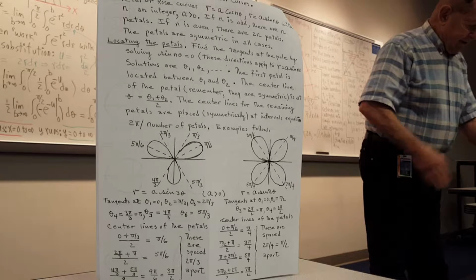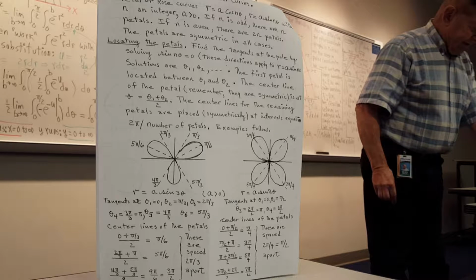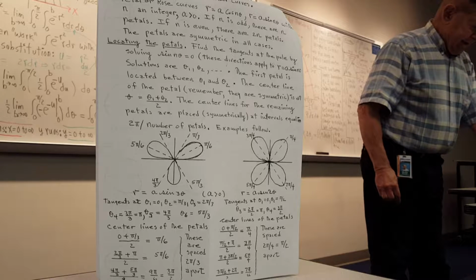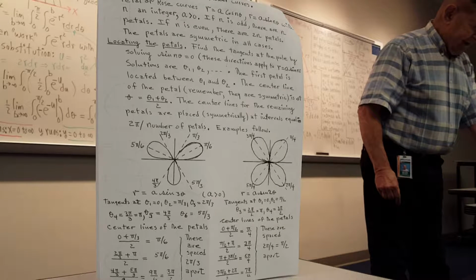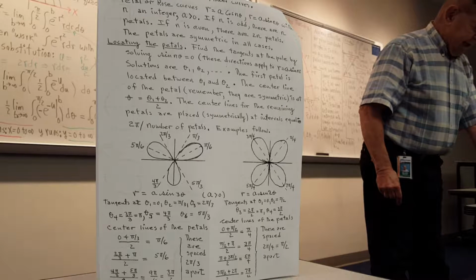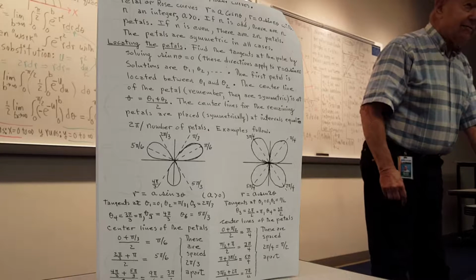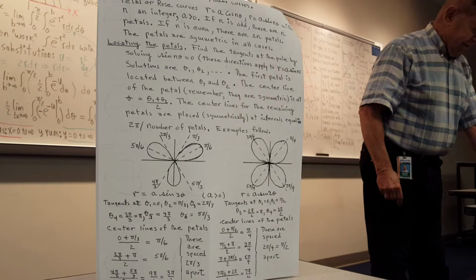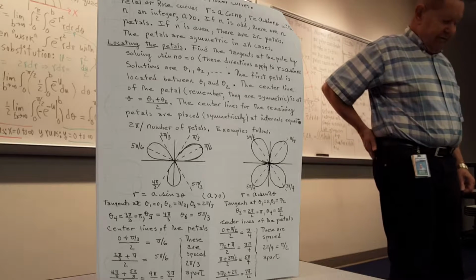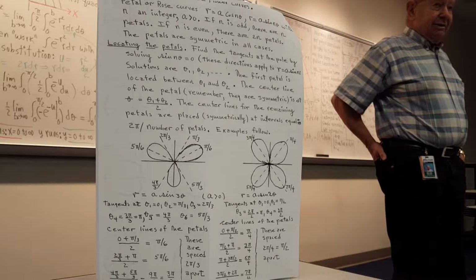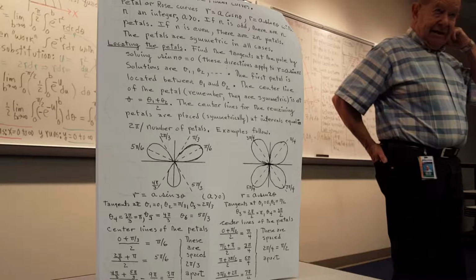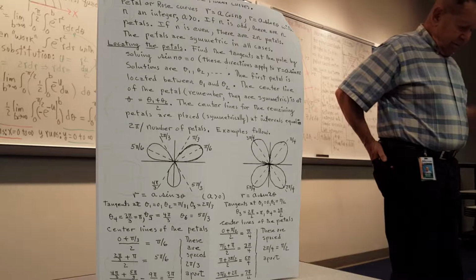So you'll have, as you see there, a ray at theta equals 0, another one at pi over 3, another one at 2 pi over 3, another one at pi, another one at 4 pi over 3, and another one at 5 pi over 3, and then you start repeating yourself. And each of those is tangent to one of the petals as you come in at the pole.